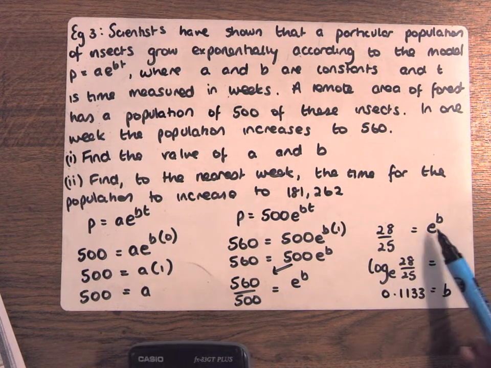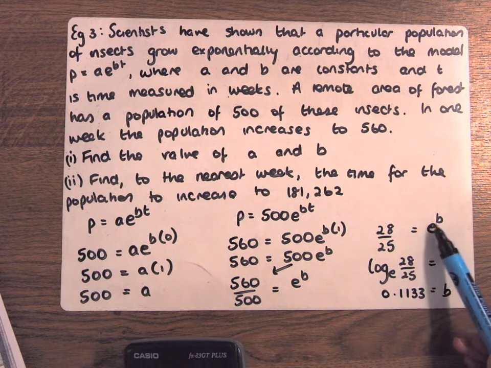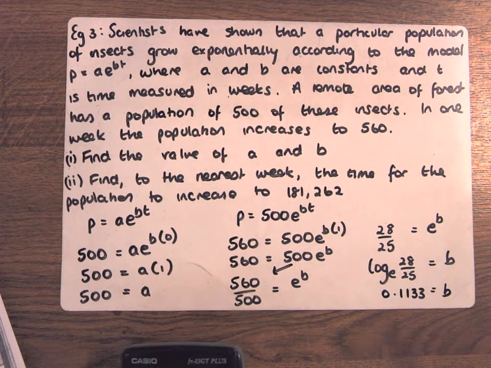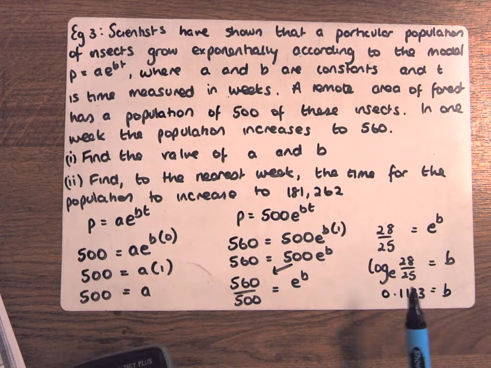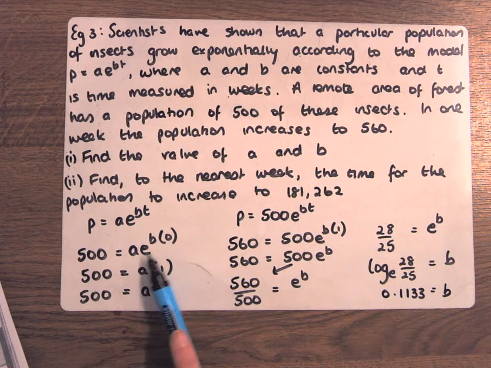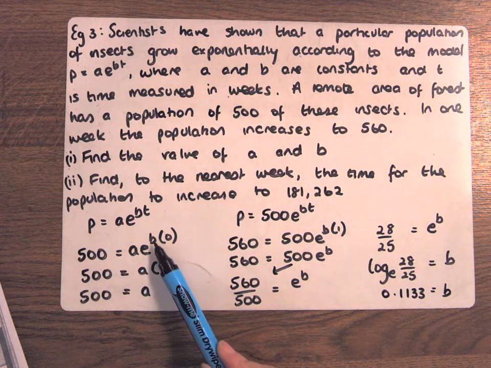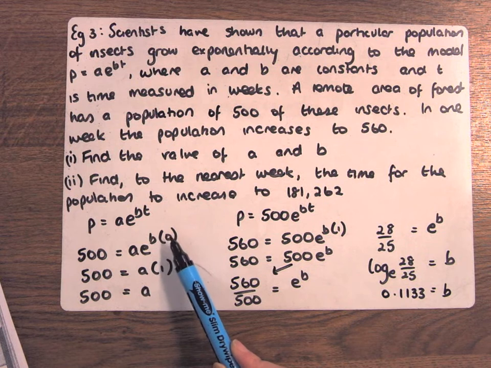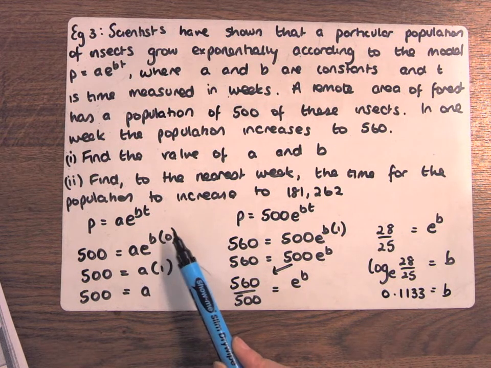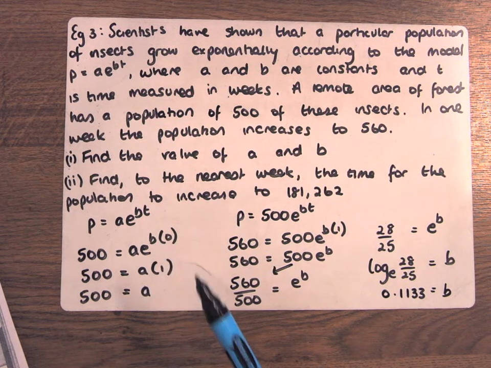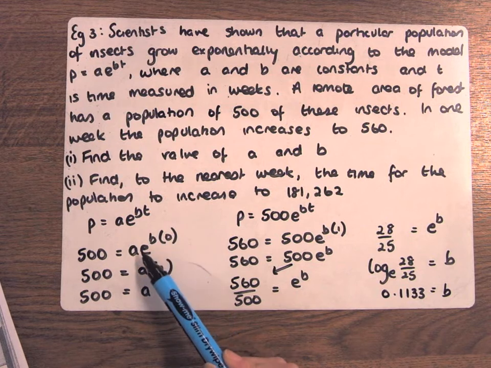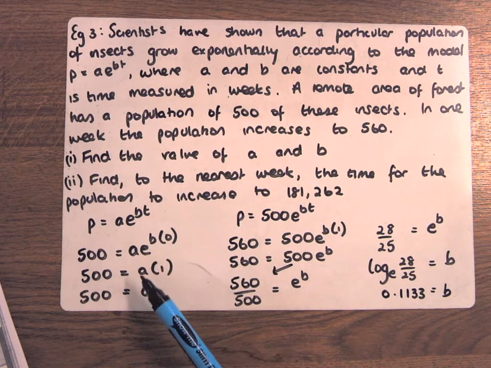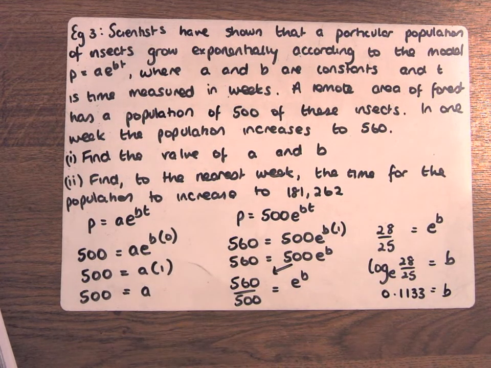It's just a number to the power of b, so that's just my base. Here, b by 0 is 0, nothing by b is nothing, and then e to the power of 0 is 1. Anything to the power of 0 is 1.